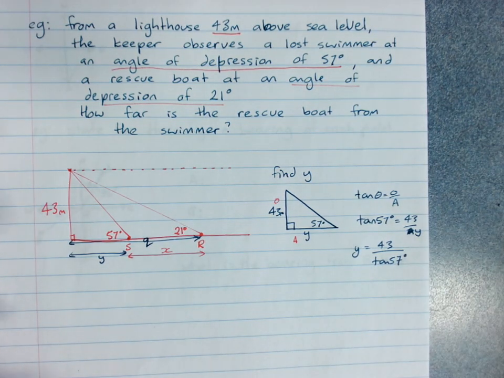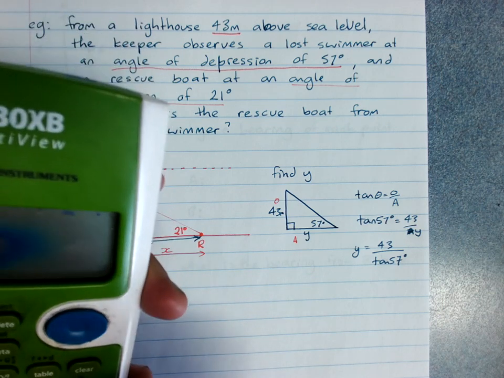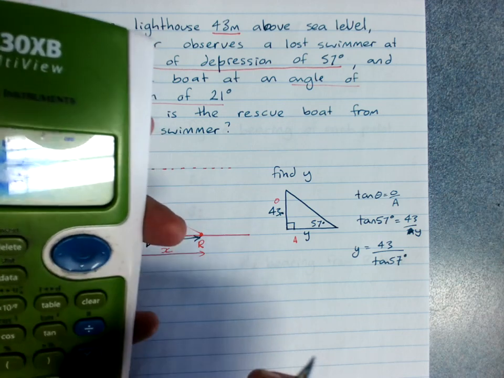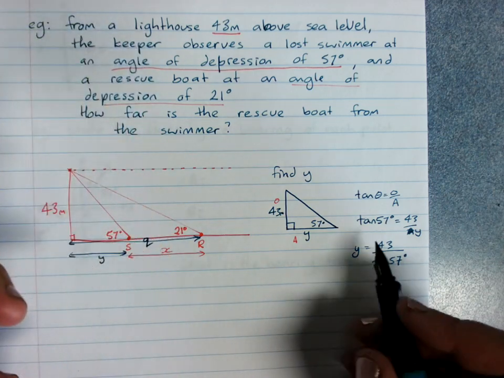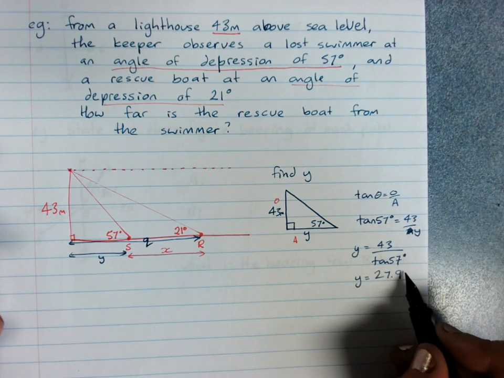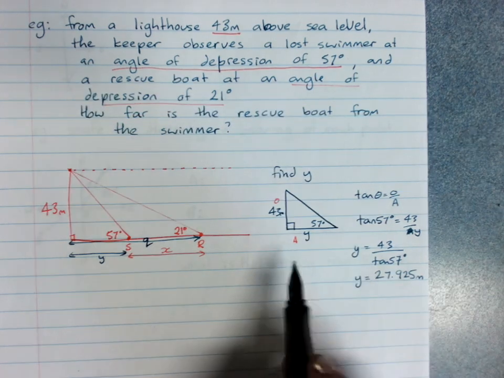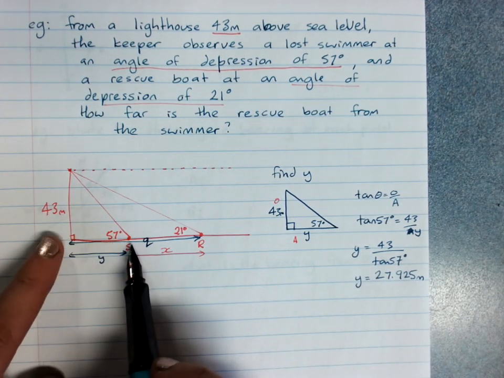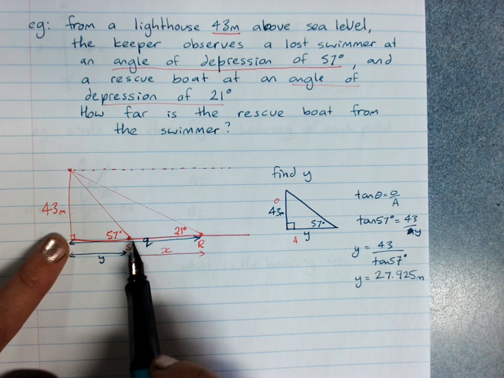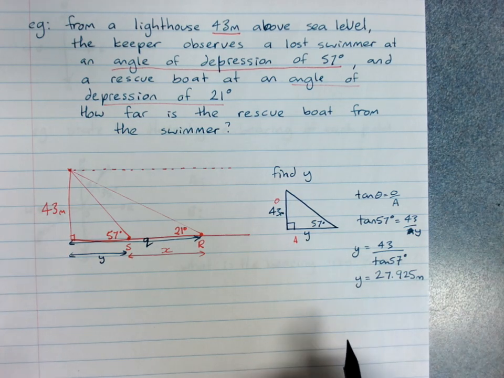And grab your calculator. 43 divided by tan 57. Sorry, my calculator's pretty dodgy. And I've got 27.925 meters. Now that's the distance of the swimmer from the base of the cliff. Keep more decimal places than you need until you get to your final answer.